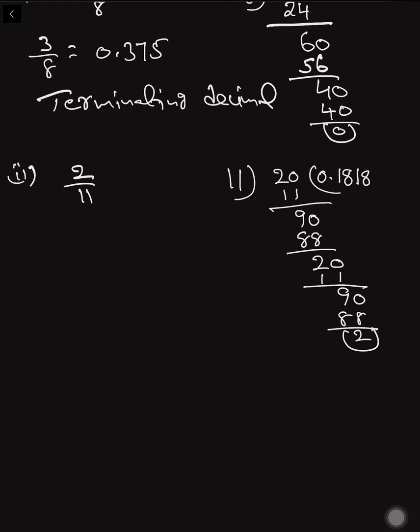There is no end. This is called a non-terminating recurring decimal. So write 2 by 11 is equal to 0.1818 and so on. That is 0.18 bar.